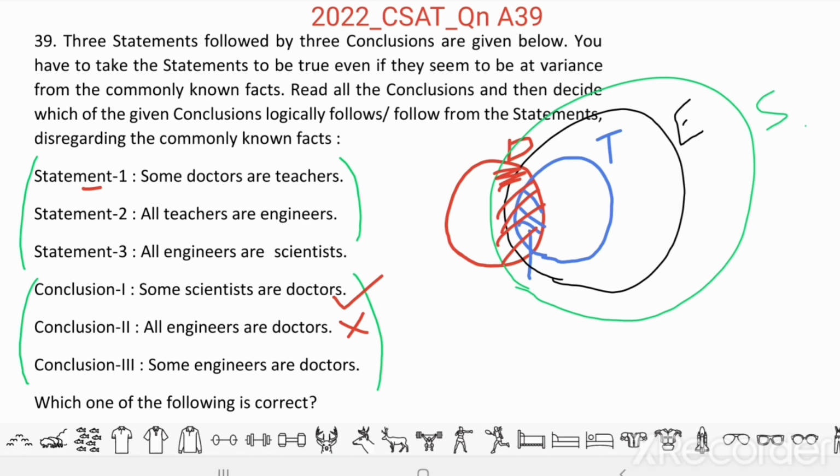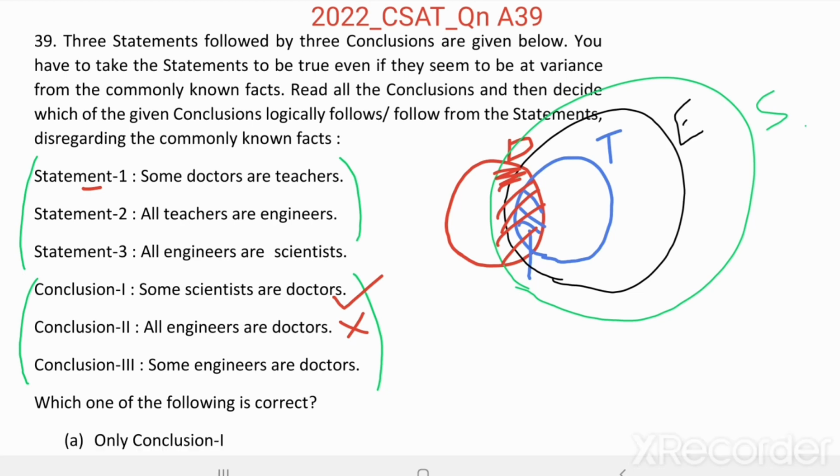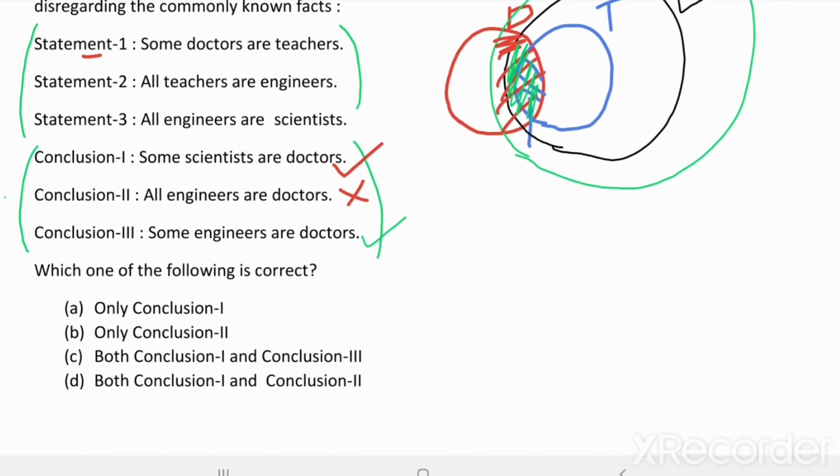Then all teachers are engineers. Then we have a common area for engineers and doctors. That means some engineers are doctors. Conclusion 3 is correct. Then from the given options, we can say both conclusion 1 and conclusion 3 are correct. Option C is the right answer.